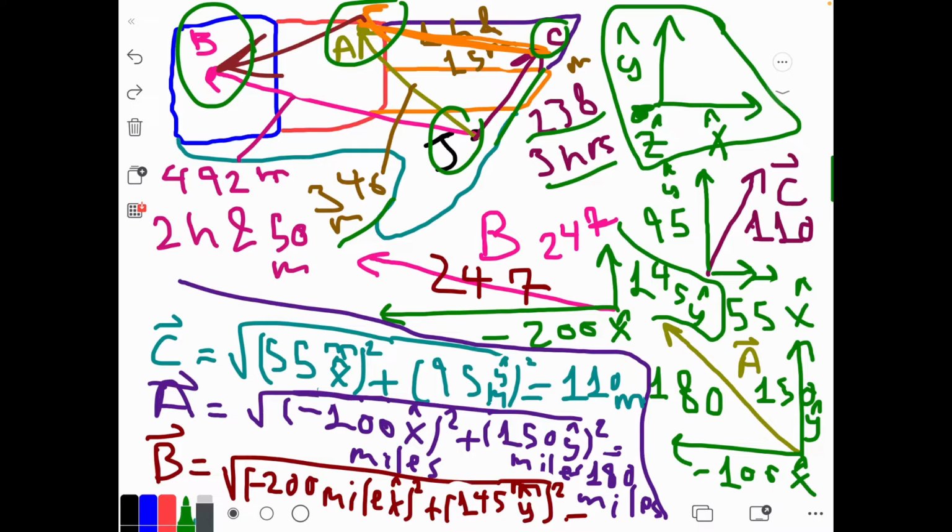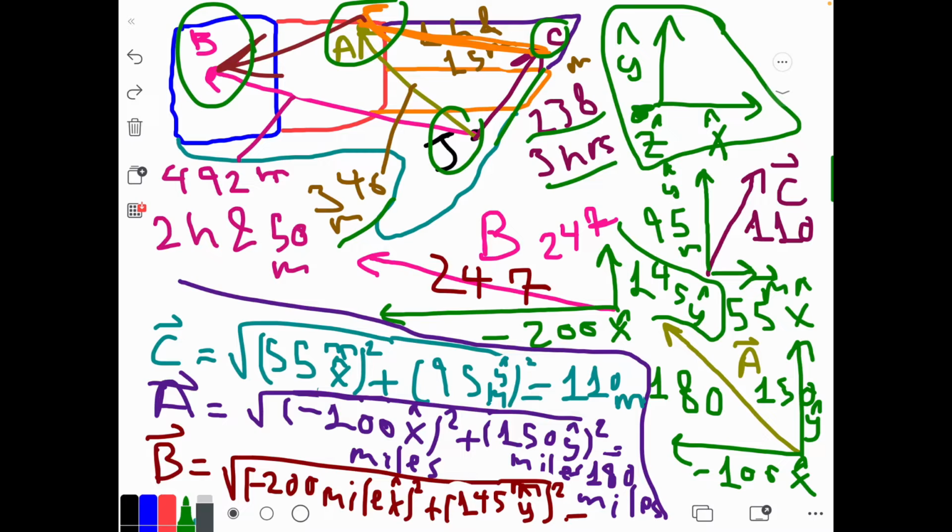Now, if you look at the map, which I'm going to show you in the video right now, Charleston is going to be 55 miles x hat towards our right, and 95 miles y hat to the north, to the top.